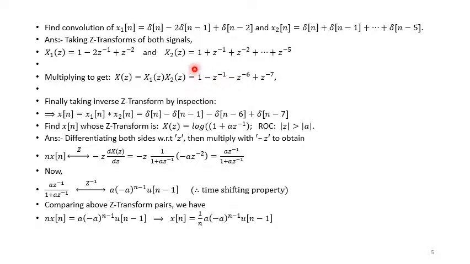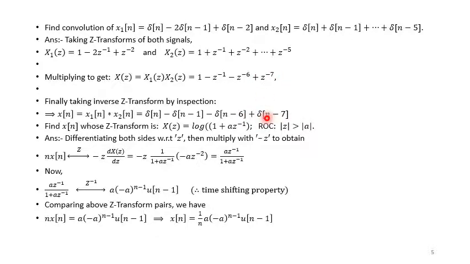What will be the inverse of 1? The impulse of n has transform 1, so if I take the inverse of 1, I get the impulse. Again, this is a 1 unit shifted impulse. This is a 6 unit shifted impulse, so that's impulse of n minus 6, and this is a 7 unit shifted impulse, so I get this.